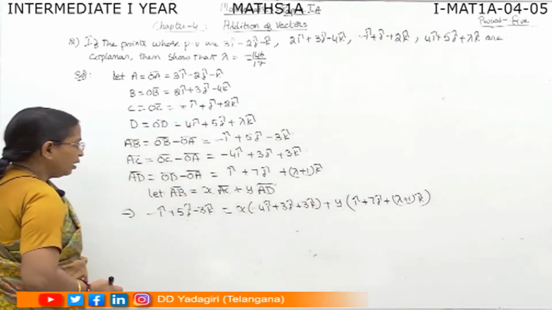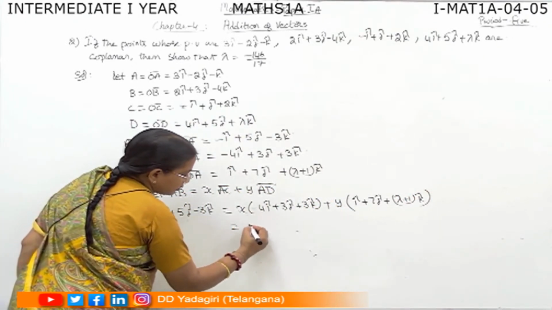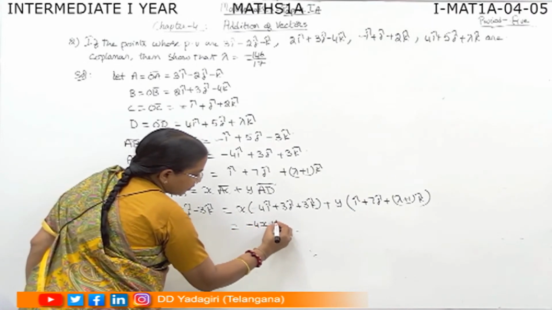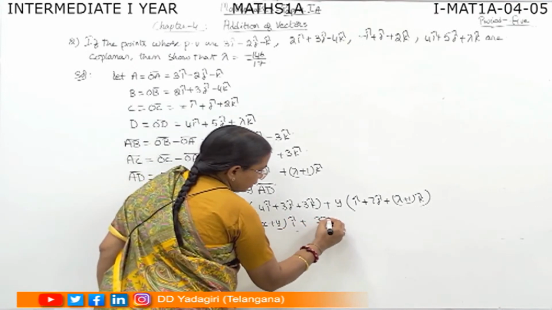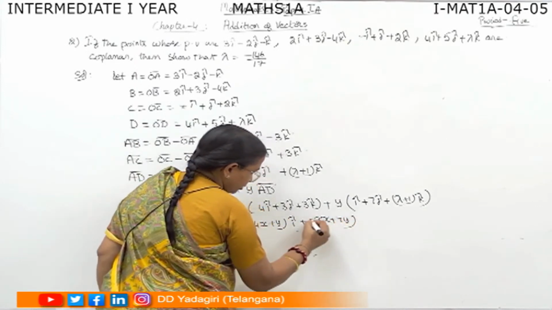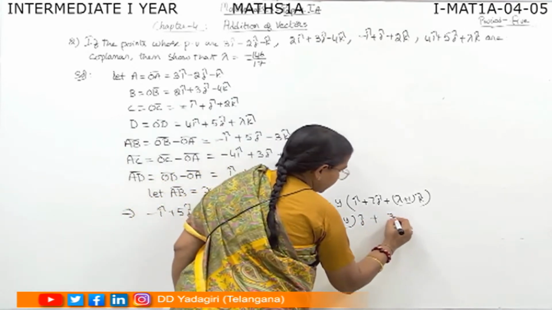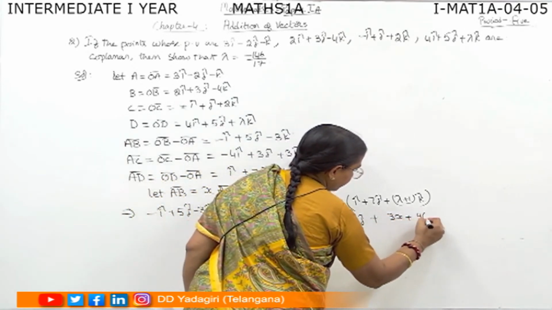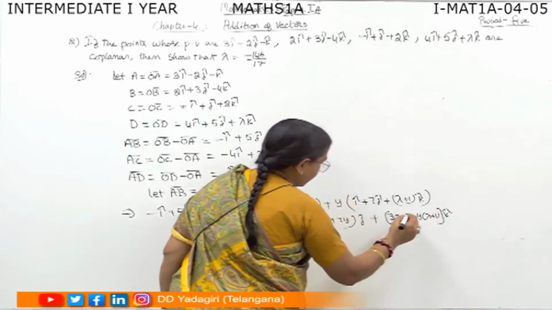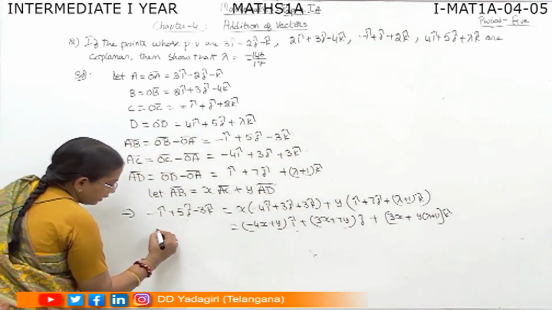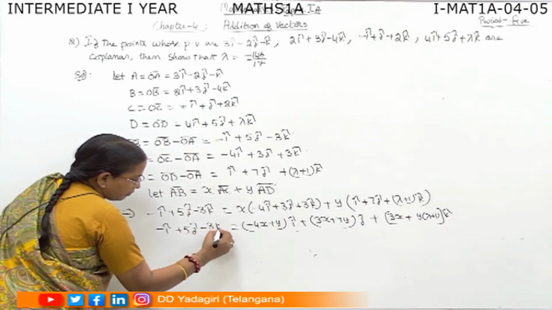Now take the common terms: minus 4x plus y into i, and then plus 3x plus 7y into j, and then plus 3x plus y into lambda plus 1 into k. When you group the terms, you get this, equal to minus i plus 5j minus 3k.